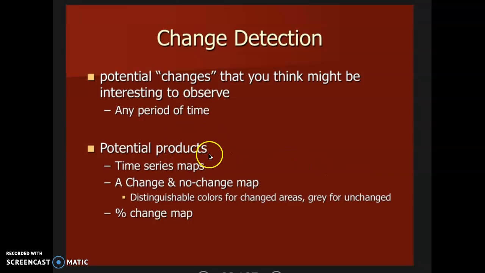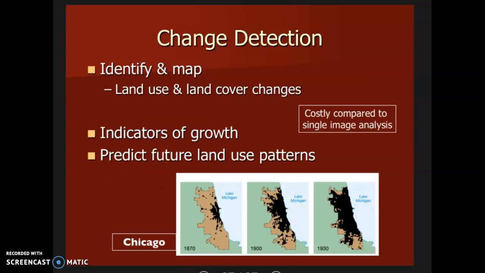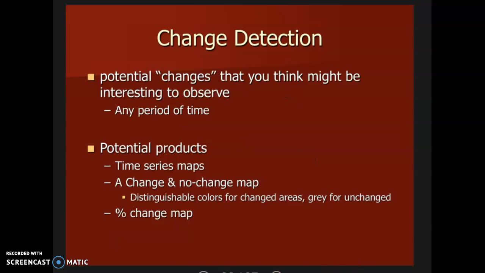Potential things you can create are time series maps, where you look just like this one. This is a time series map, looking at the same thing over a period of time and how something has changed.